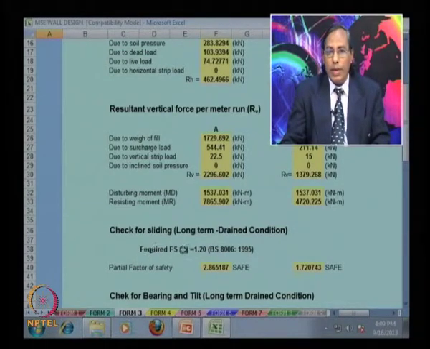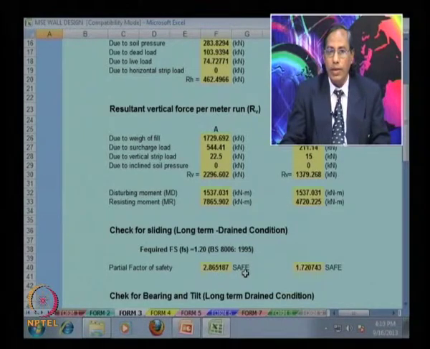Now check for the sliding, that is the long term drained condition. So the required factor of safety is 1.20 as per BS 8006 1995. So partial factor of safety is equal to 2.865187.